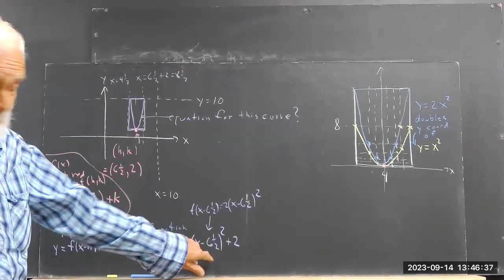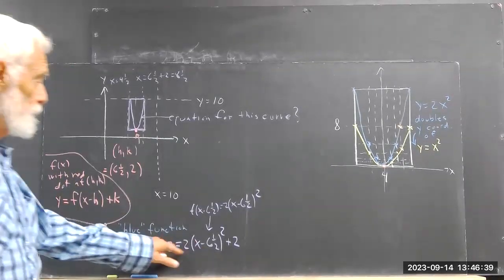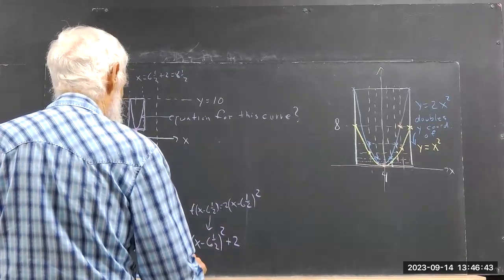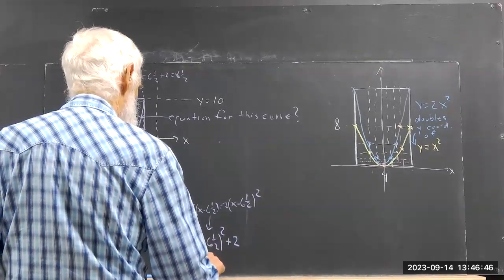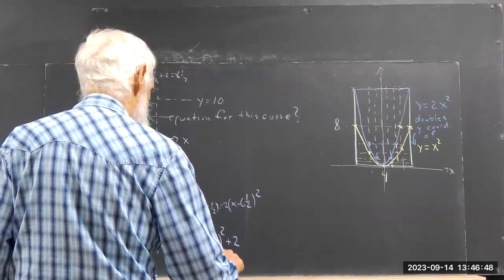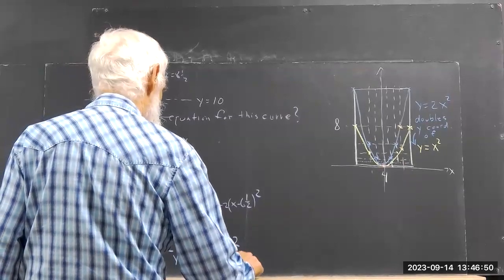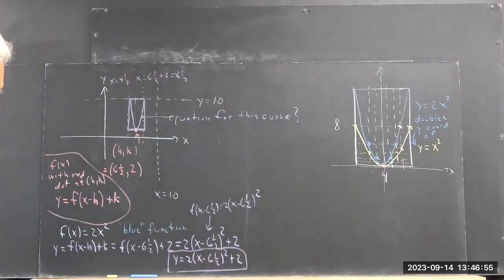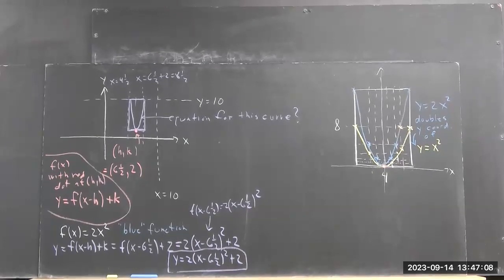All right. And this is pretty much what people were writing. Hopefully that makes sense. And that is pretty much what most of you were writing for the function, okay?